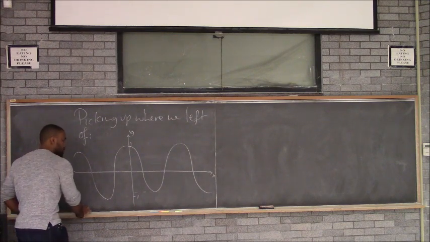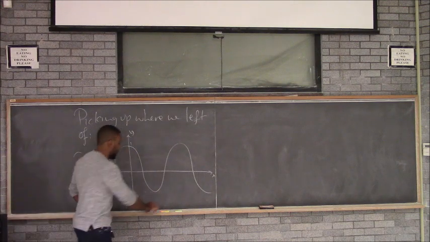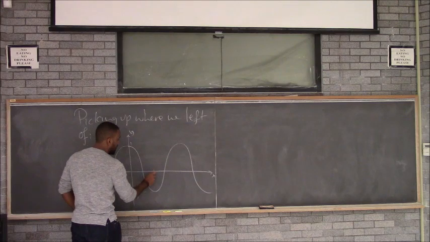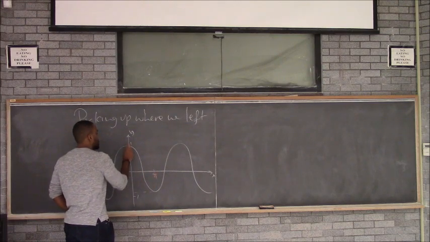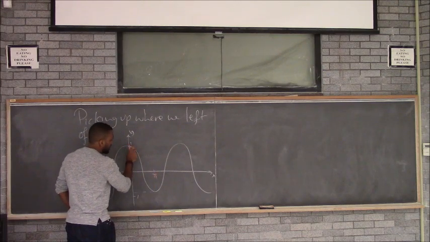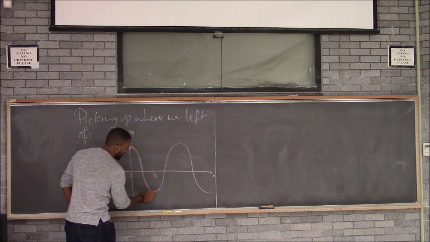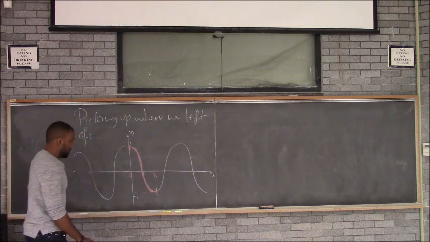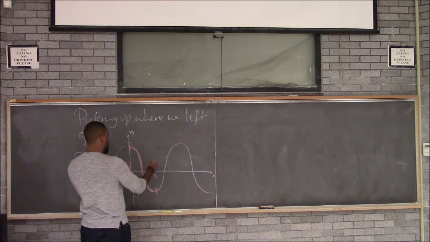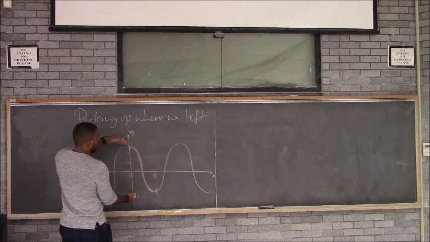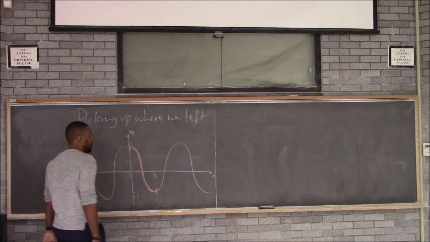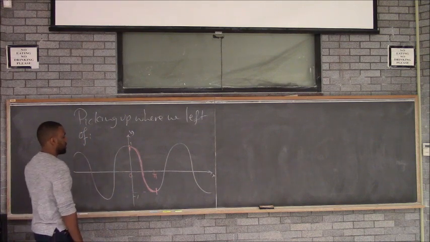How we slice the cosine is we restrict the domain between 0 and pi. So we take this part of the function here. That part of the function, if I consider this the domain and that the codomain, is one-to-one and onto on that range, so now I can find the inverse.